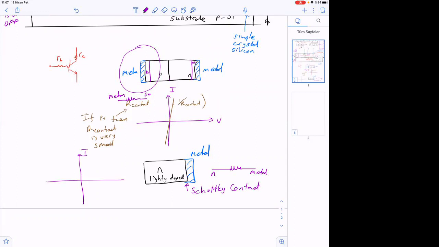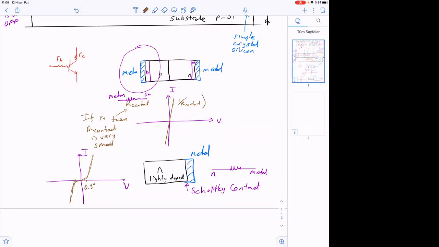The I and then V, and the curve is going to be something like this, you know. And here, if you notice this one, this will look like a diode actually. And the turn on voltage is going to be 0.3 volt or so.